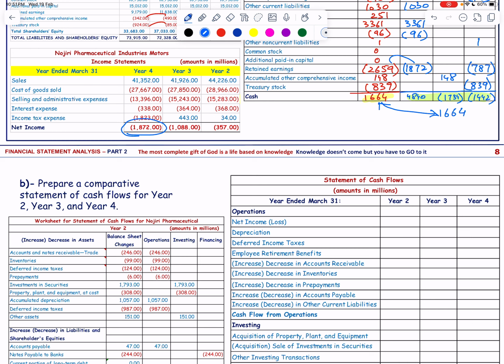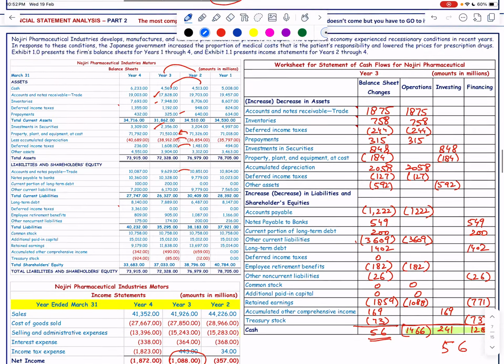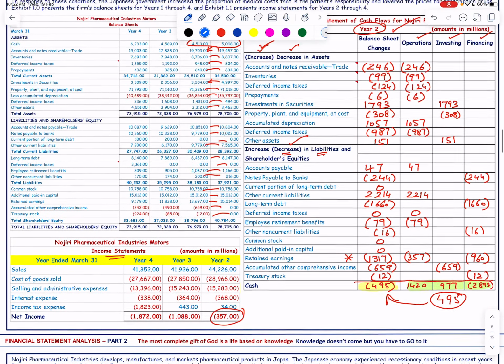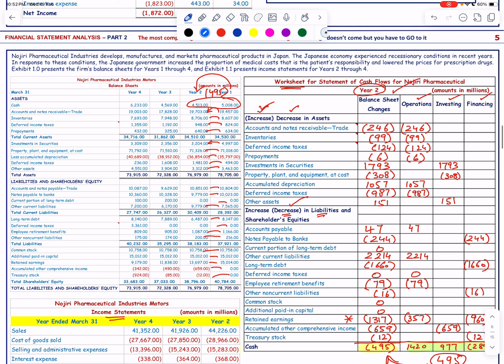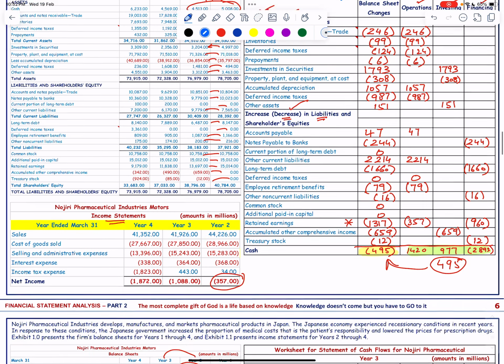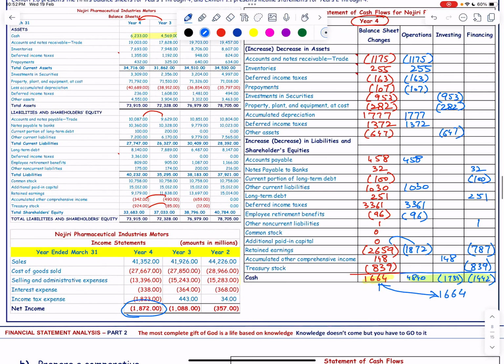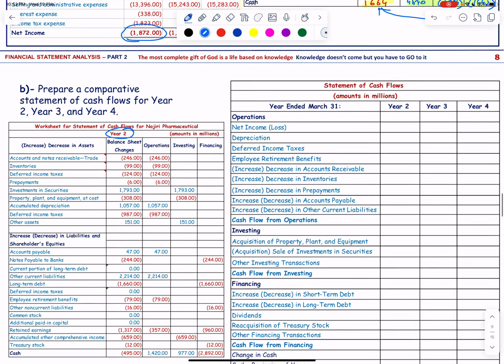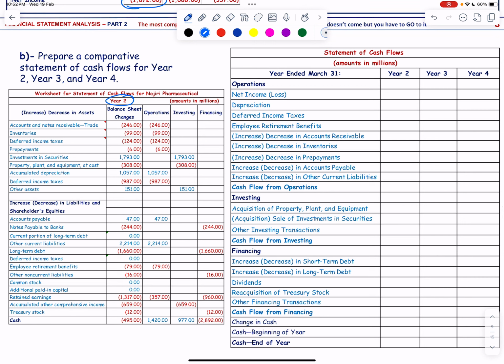And we can see here that I have simply taken the table first of all for year number 2, and all the information that is here in year number 2. We are simply putting it over here. The same values are here, and now we are going to club them for the statement of cash flows.